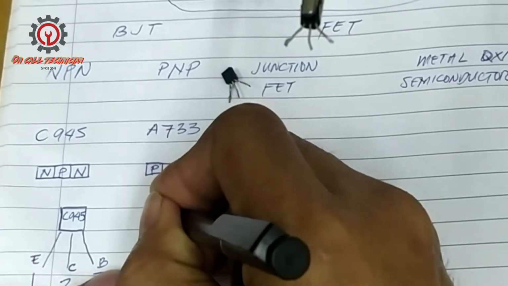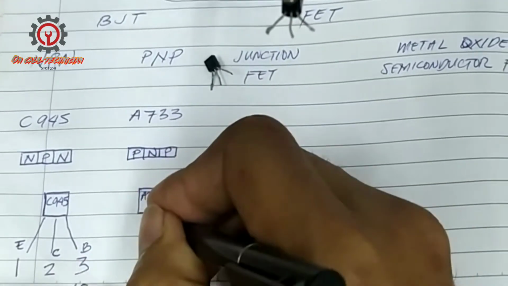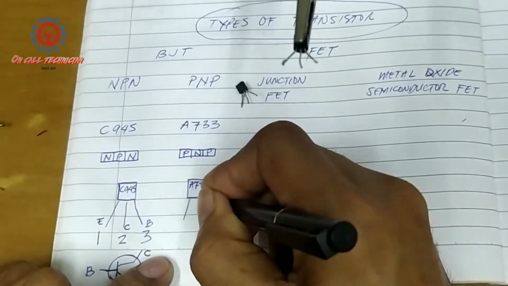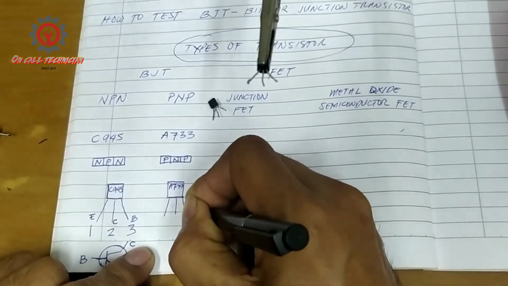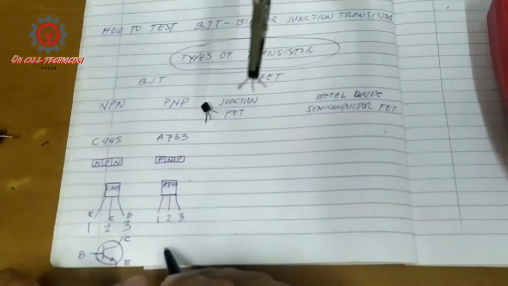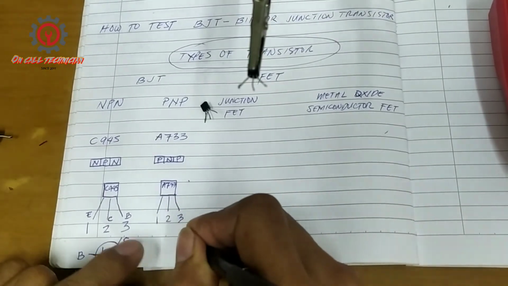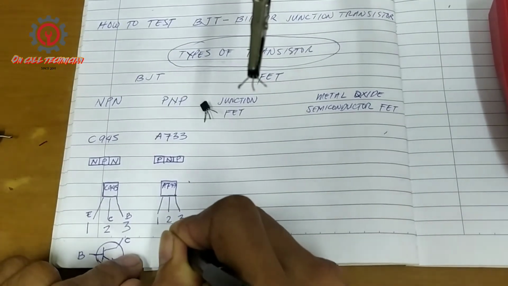This is A733, and the terminals 1, 2, and 3. And the symbol of this one, guys, looks like this.